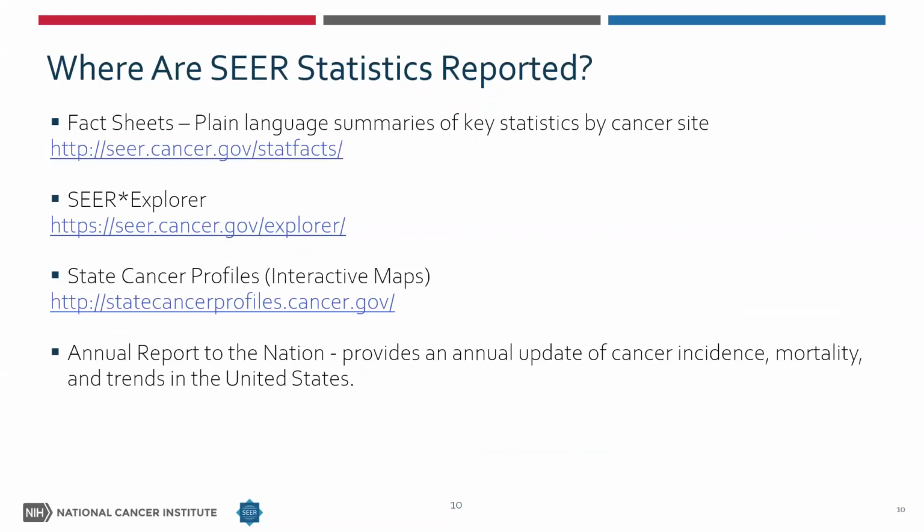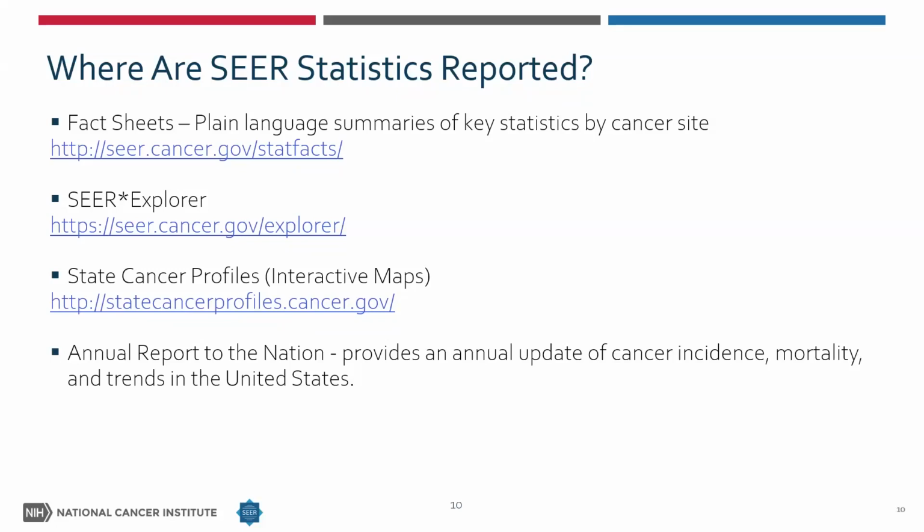We have some of our statistics calculated using SEER Stat readily available for different audiences. So for example, we have some fact sheets which have plain language summaries of key statistics by cancer site, and we have provided the link for the fact sheets here. We also have a very nice tool called the SEER Explorer, where one could go in and pull out statistics for a particular cancer of interest in terms of incidence, mortality, prevalence, those types of statistics.